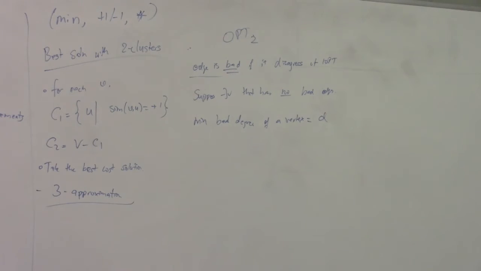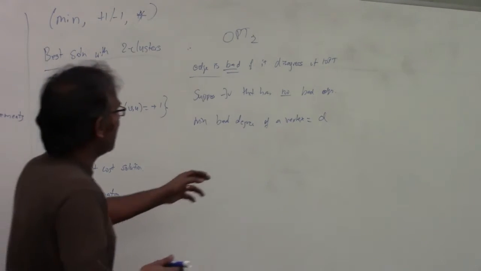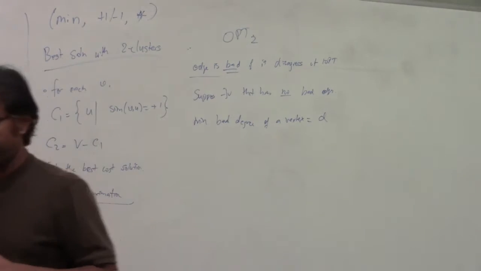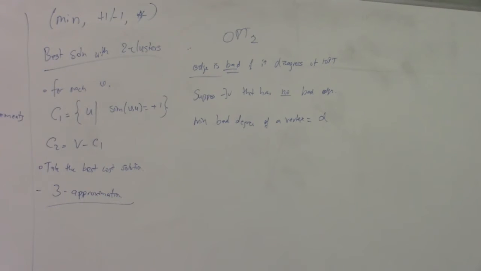Now, if the min bad degree of a vertex is D, then what you can say is, let me see if I can say this right.